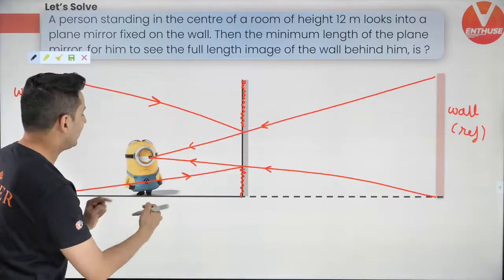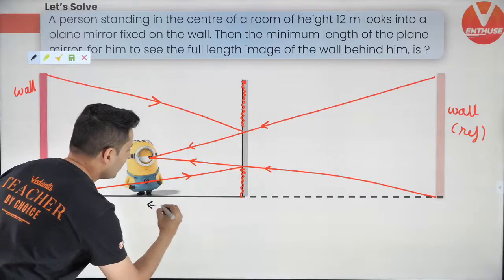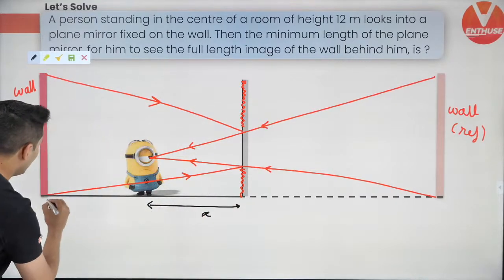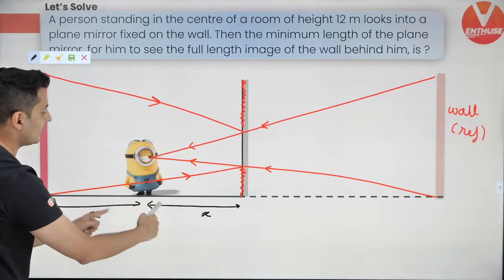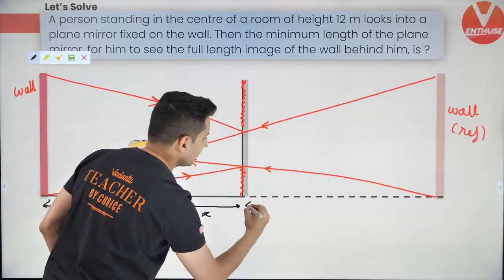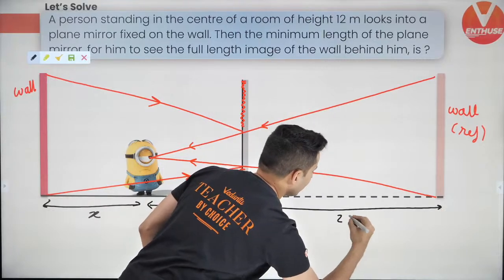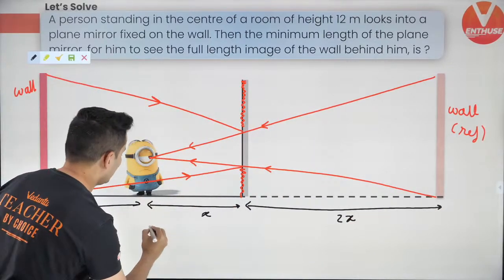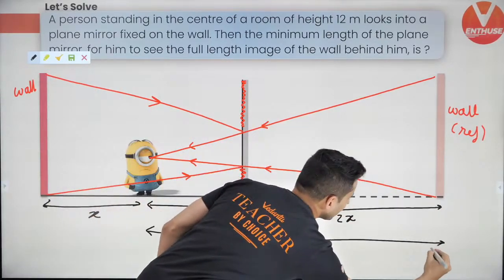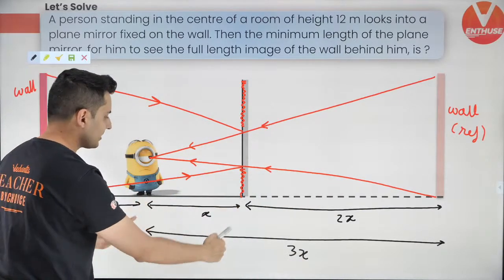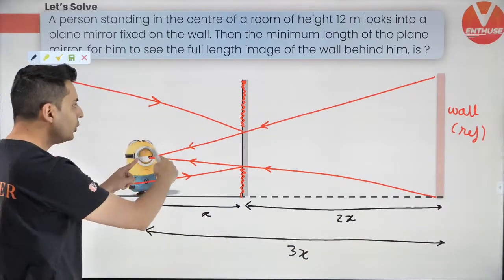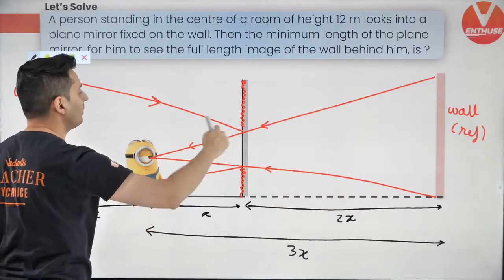So guys, he's standing in the middle of the room. So if this is X, shouldn't this also be X, because he's standing in the middle? So shouldn't this be 2X? And shouldn't this be 3X? Now, if this is X, this is 3X. Do you see triangles getting formed over here?